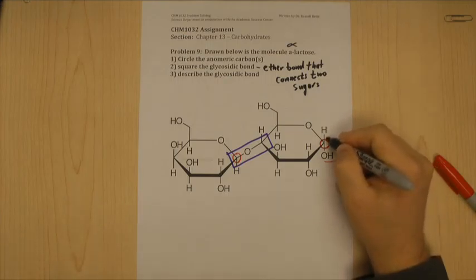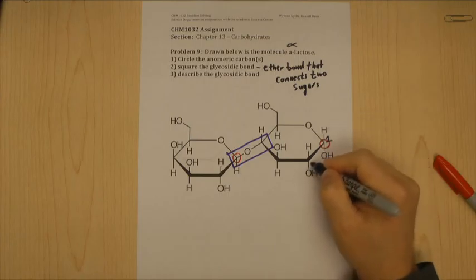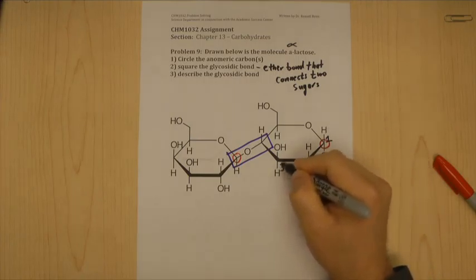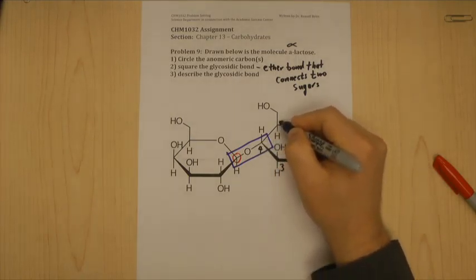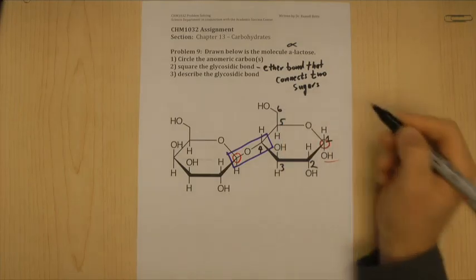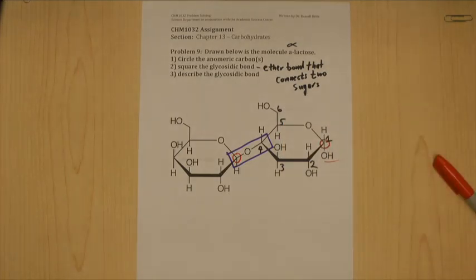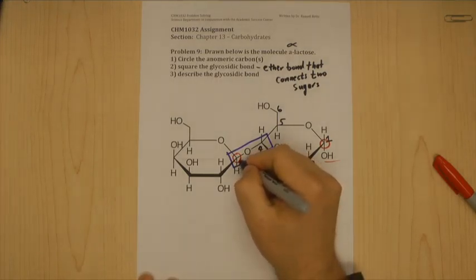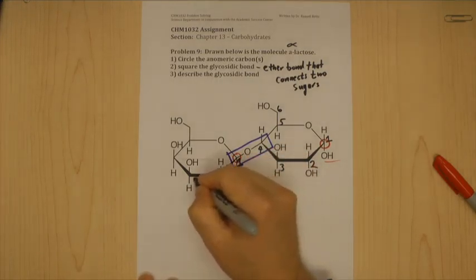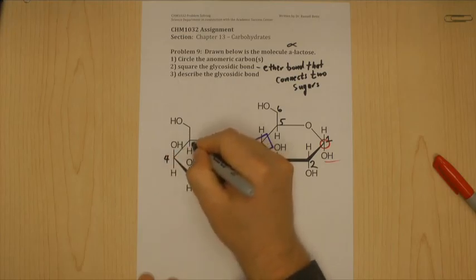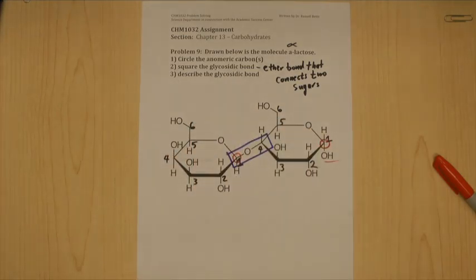This is always carbon number 1. This is 2. That is always 3. That one is 4, 5, and this carbon is always 6. Always. So on this one, this is 1, 2, 3, 4, 5, and 6.